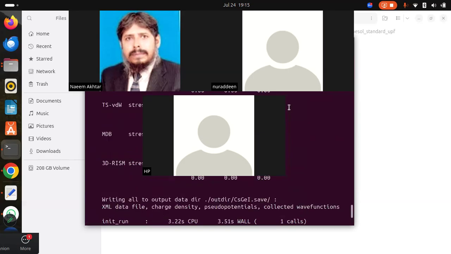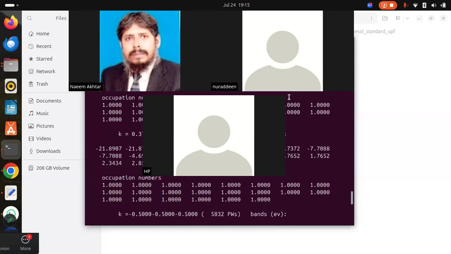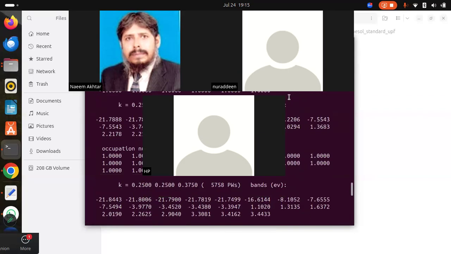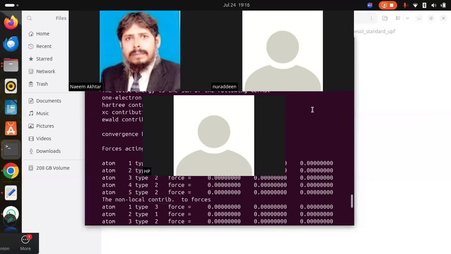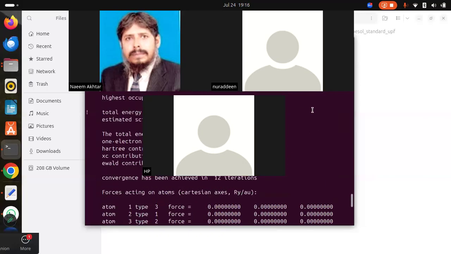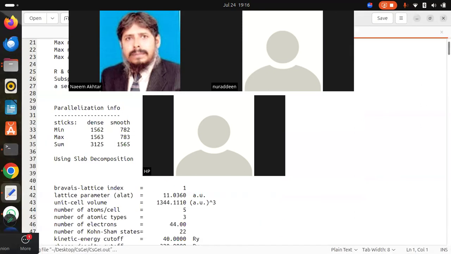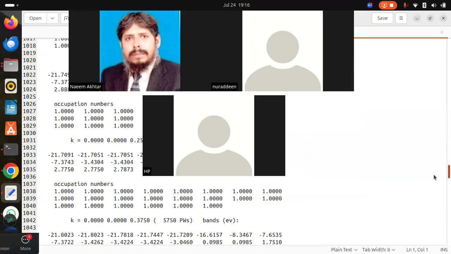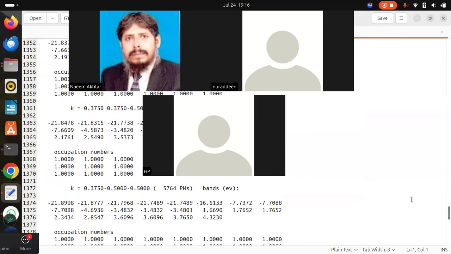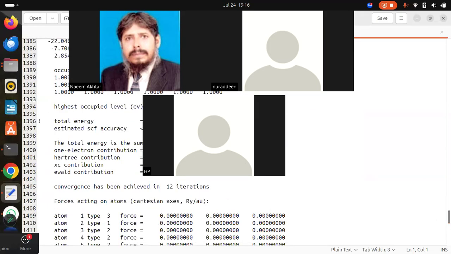Let us see the result and compare the things. For example, the highest occupied level is 4.7120, and in the last calculation it was also 4.7120.